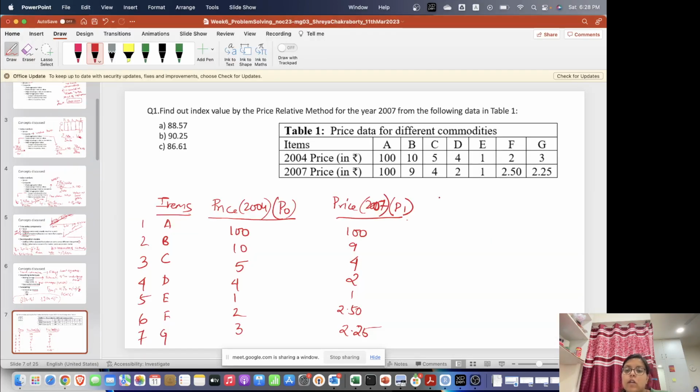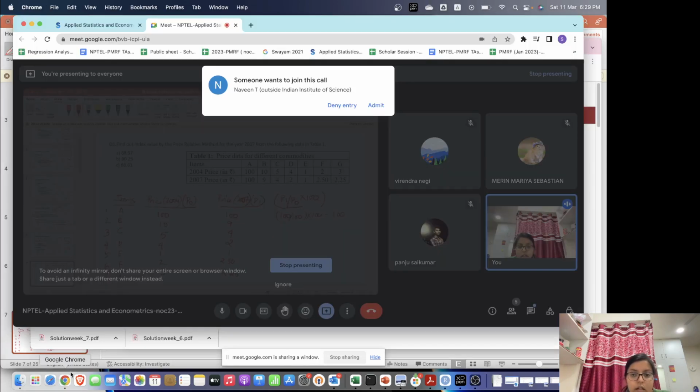Okay, so the relative prices, the price index, would be this. So this would be 100 by 100 into 100, that is 100. This would be 9 by 10.